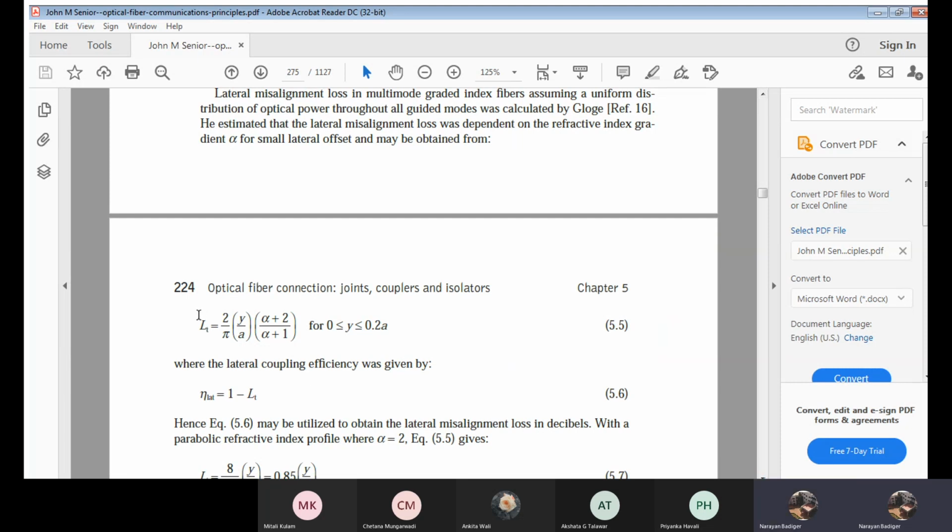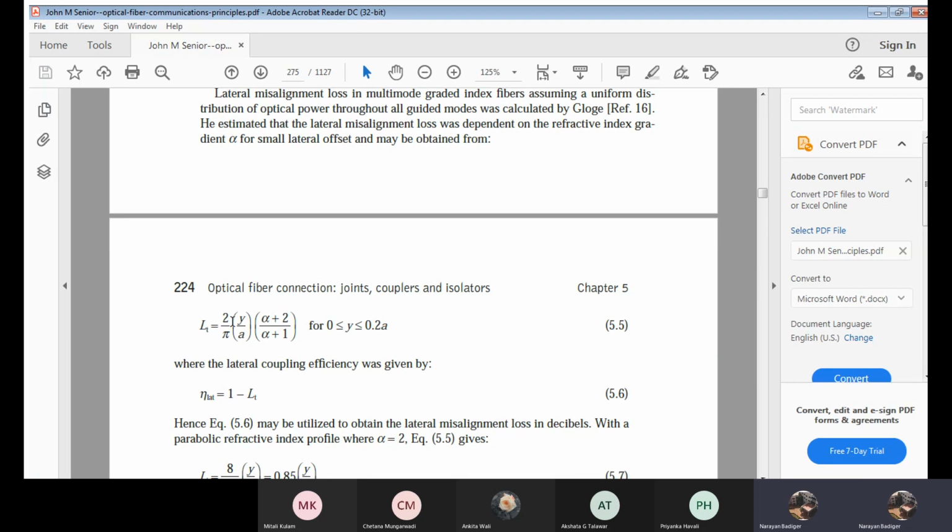What is that LD? Again, this is loss only. The long equation we had for step index, we will have a similar equation for graded index. Here alpha is the refractive index gradient, and y is a small lateral offset. It is 2 by pi, y by a, times alpha plus 2 divided by alpha plus 1.